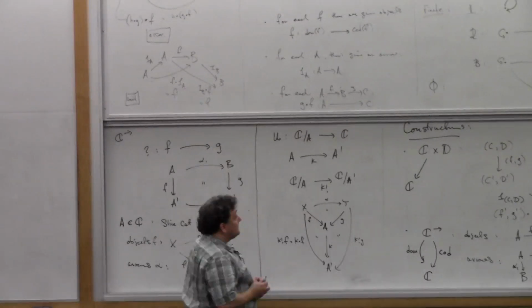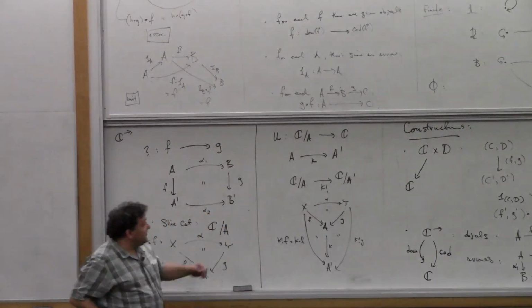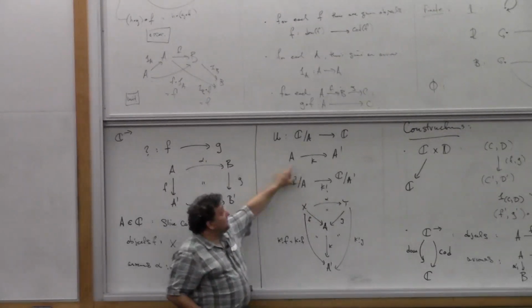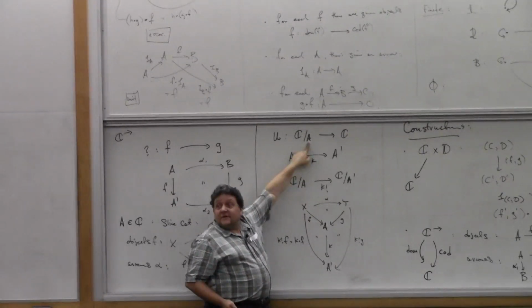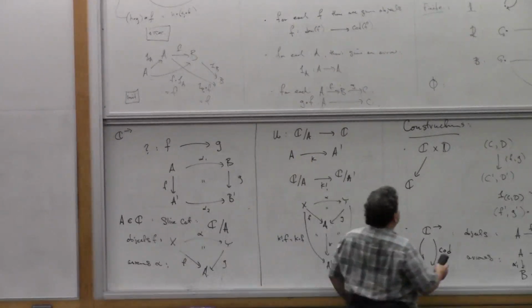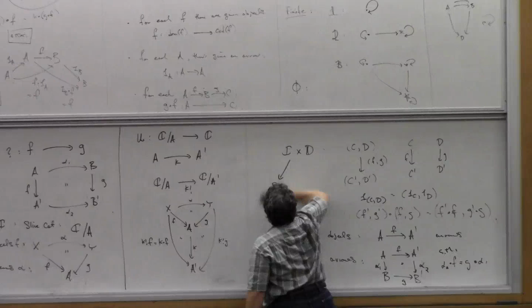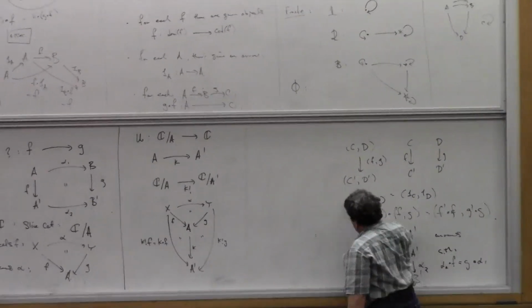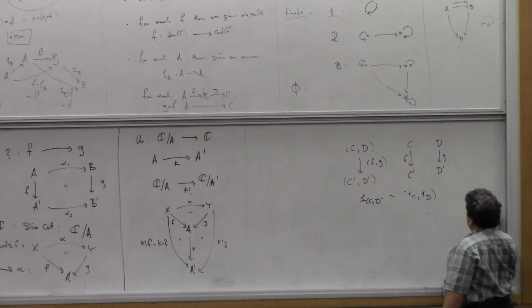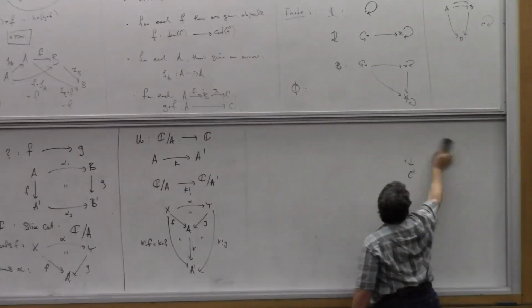And what's the name for this whole widget? The whole widget is the slice category. And I'm just observing that the slice category is functorial in this argument. And now you can go even further. I said for each object in the category, you get a category.